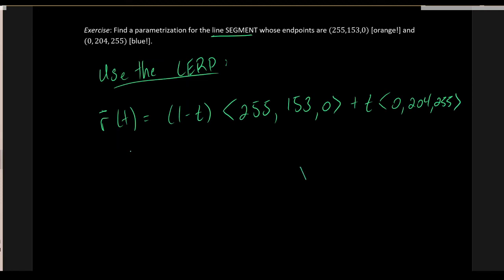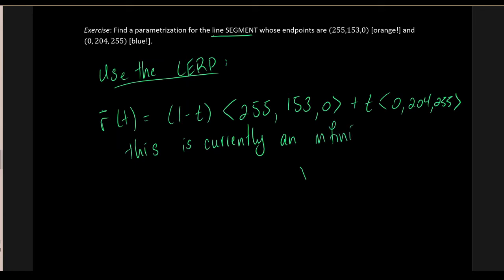Now at the moment, this is currently an infinite line. And I only want a finite line segment whose endpoints are at the two given points. So the solution to this problem is that I'm going to make the line become finite by restricting the domain, by restricting the values of t that I am allowing myself to plug in to this parameterization.